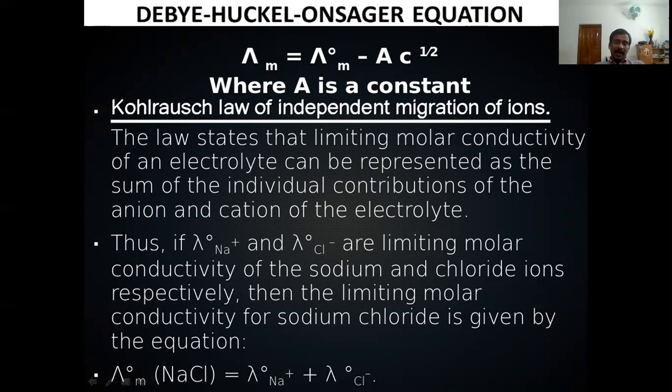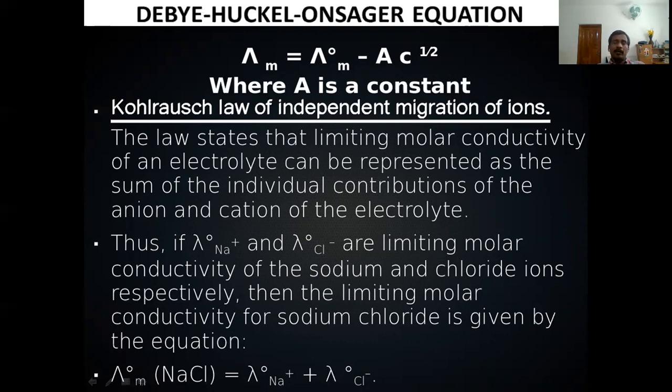So the graph will help you to find out the molar conductance at infinite dilution of strong electrolyte. But the molar conductance at infinite dilution of weak electrolyte cannot be determined from the graph because we cannot extrapolate the graph to the y-axis, that means zero concentration. But in the case of strong electrolyte, we can extrapolate the graph to the y-axis, zero concentration.